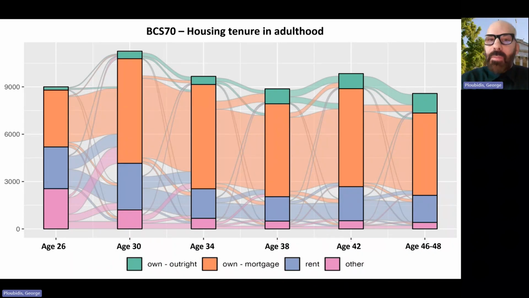You see there, some people own outright, most people were owners with a mortgage, but there were renters and other circumstances as well, but people do move around as well. So this is an example of stability and transitions in a very important area of our lives, well, housing.